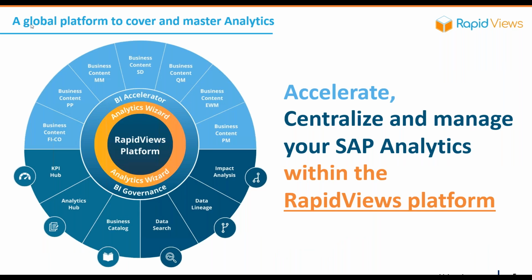So again, we provide the RapidViews platform. We allow you to accelerate any project because on the top of this schema, we provide all these business contents, and we allow you to centralize and manage all your SAP analytics thanks to all our BI governance functionalities. And in the middle, we'll talk about this analytics wizard.